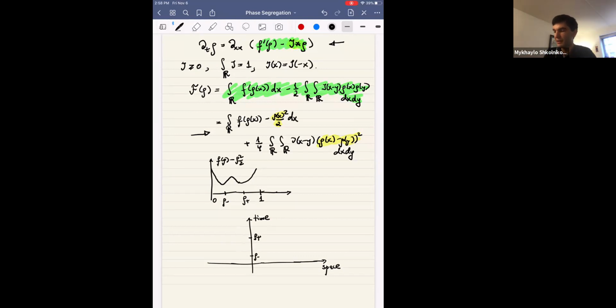So let me put the two values for the concentration, rho minus and rho plus, into this picture. Let me draw the type of concentration profile. Actually, I apologize, I want to put the concentration here on the y-axis, right?